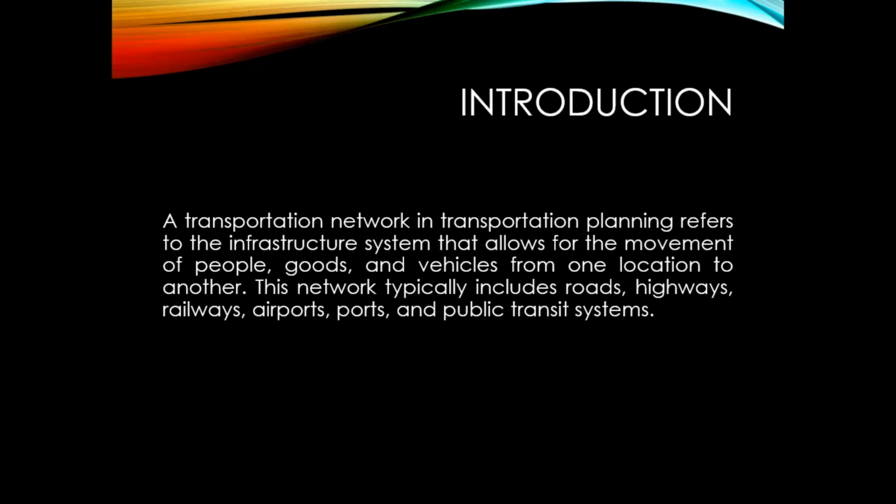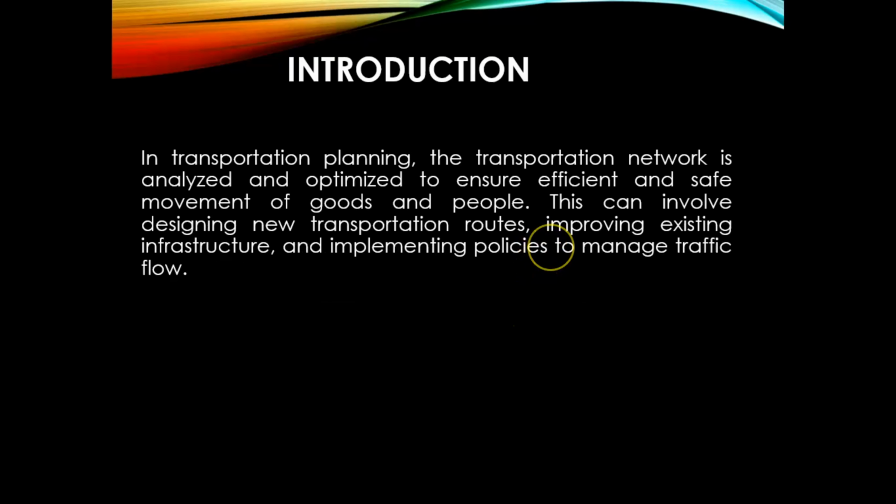Under the infrastructure, we have the railway, the highway, airports, the ports, the public transit. So all this infrastructural system that allows the movement of people from one location to another is what we call a transportation network. We're going to be looking at how this can be planned and how it is made efficient through the use of graph theory.